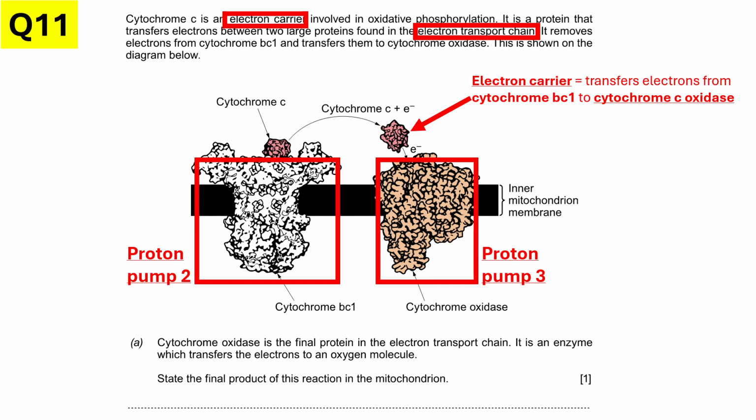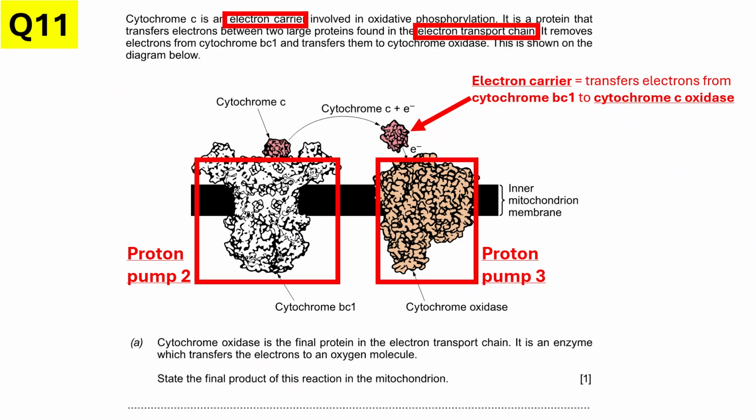The electron carrier between the two proton pumps is called cytochrome C. And then proton pump 3, of course, it wants the electrons from cytochrome C. So it has some enzyme activity, which is why it's called cytochrome C oxidase, because it oxidizes the cytochrome C that was originally reduced as it carries the electrons through the inner mitochondrial membrane.